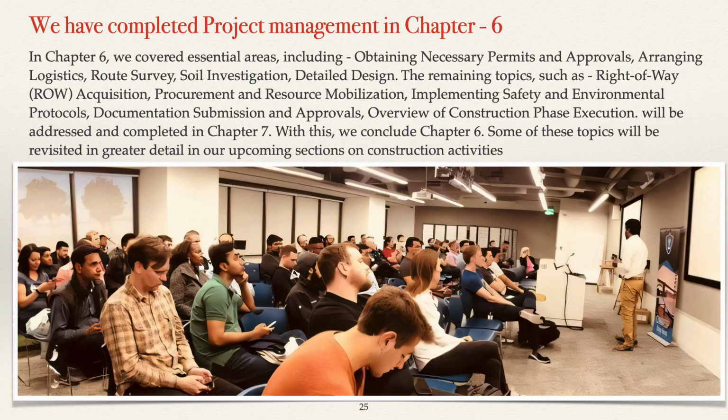The remaining topics such as right-of-way, ROW, acquisition, procurement and resource mobilization, implementing safety and environmental protocols, documentation submission and approvals, and overview of construction phase execution will be addressed and completed in Chapter 7. With this, we conclude Chapter 6. Some of these topics will be revisited in greater detail in our upcoming sections on construction activities.